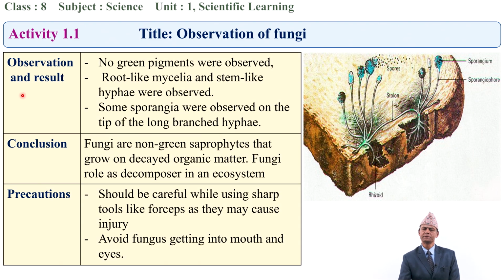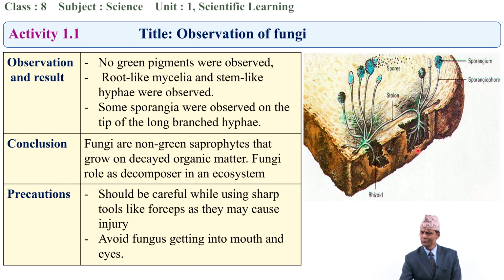So our observation and result is like this. No green pigment was observed here, because fungi are non-green organisms, non-green saprophytes. And root-like mycelia and stem-like hypha were observed. Look at it.